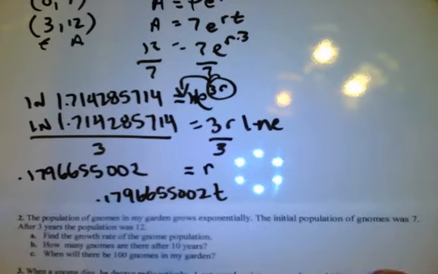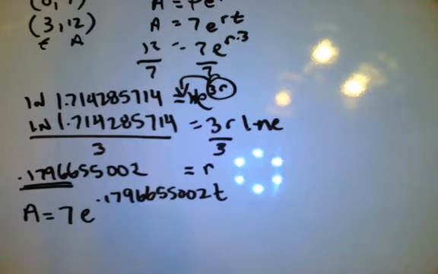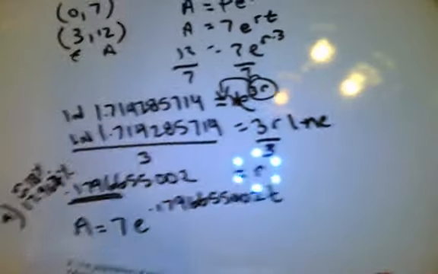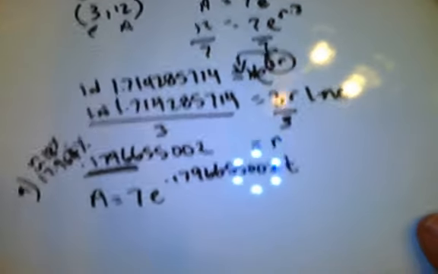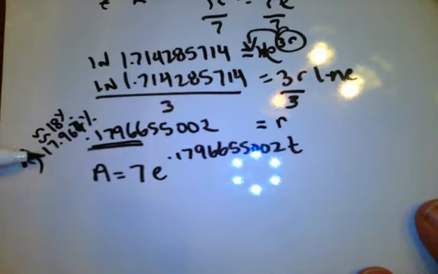Part A said, find the growth rate of the gnome population. Well, I can see it's approximately 18%, 17.967%. There's part A. I'm using my rate to tell me the growth rate.